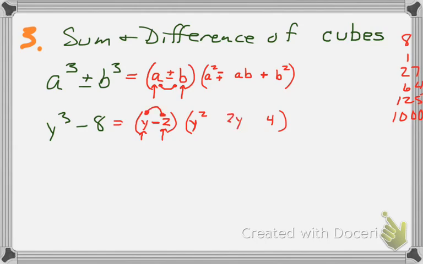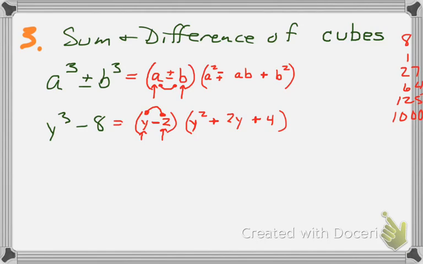Ignoring the sign on the 2. You just take the actual 2 and multiply it by y. Does it matter if you do y times 2 too? Write 2y. As for the signs, the first sign is going to be the opposite of what you wrote in the first term. So we wrote y minus 2. So our first sign is going to be plus. And then our last sign between the 2y and the 4 is always plus.